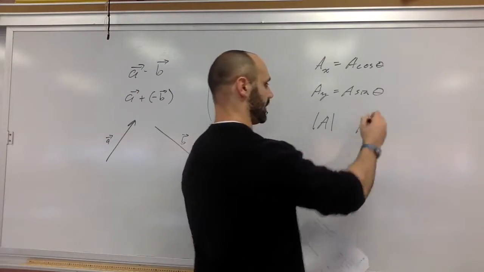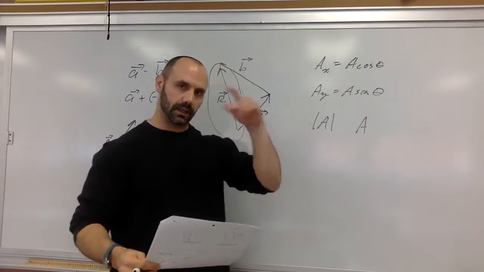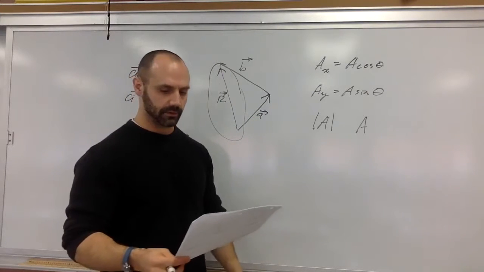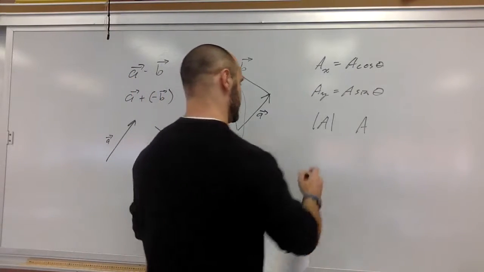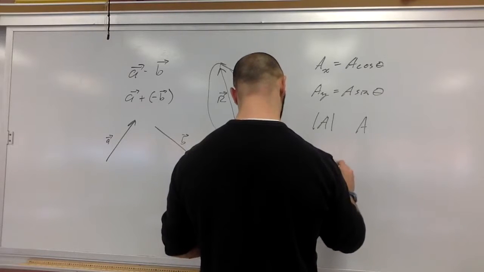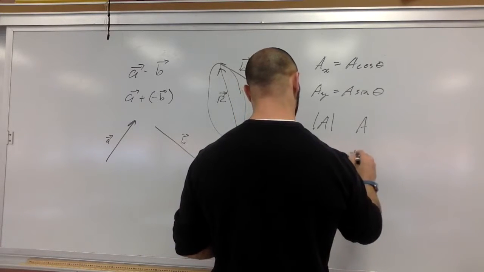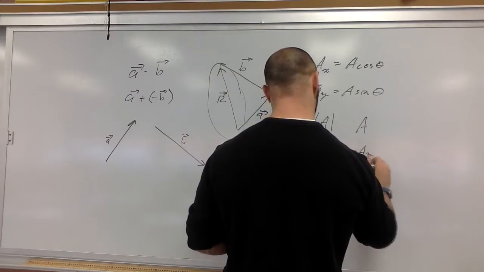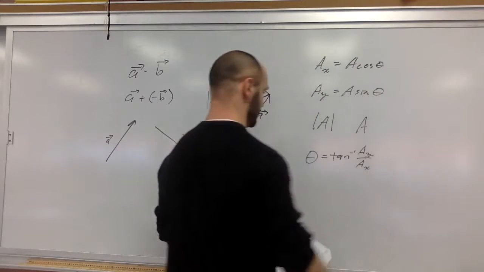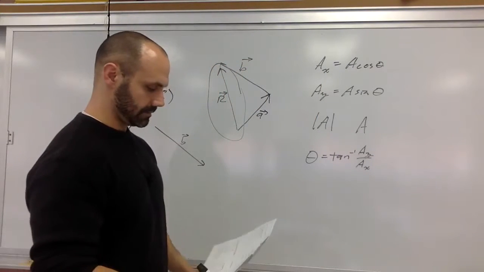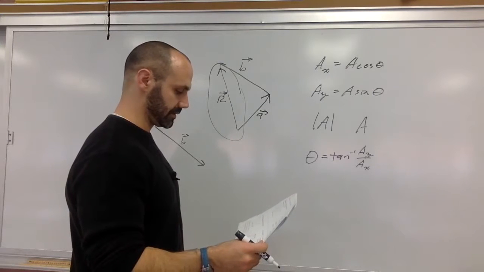If it's written like that without the vector line above it, then we mean the magnitude most of the time. And the direction, theta, we can find if we do inverse tangent of AY over AX, the vertical over the horizontal. Some basic trigonometry there.